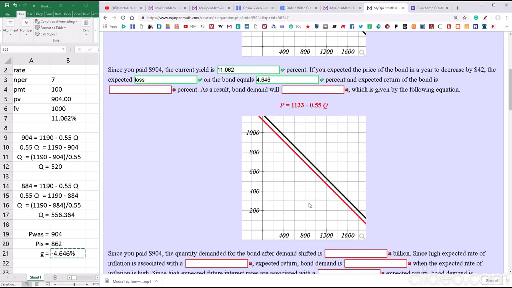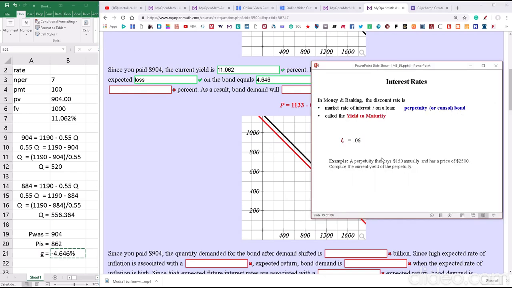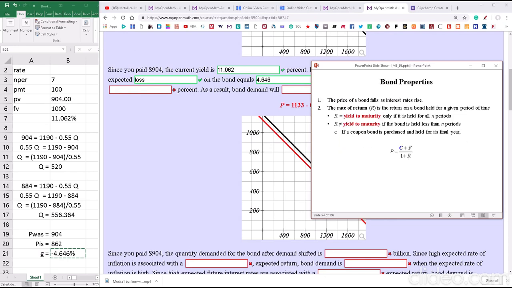What's the expected return on the bond? Well, let's go to our PowerPoint notes and go to the section in the class. Okay, so this is our gain, and because it's negative, we have a capital loss of 4.646%, and then we got to add to that the current yield, which is the coupon payment divided by the price.